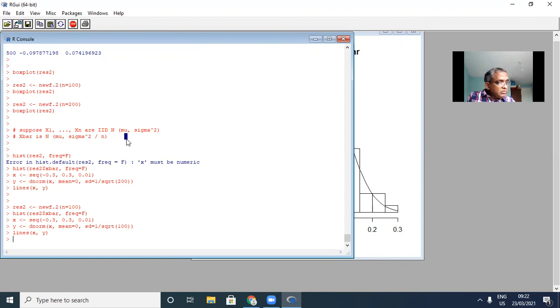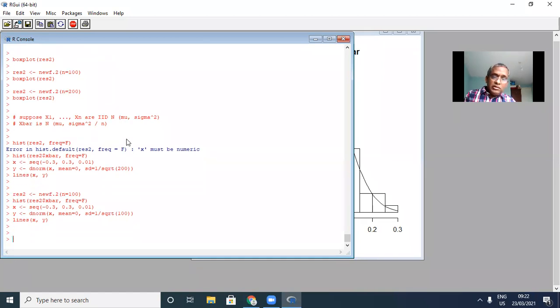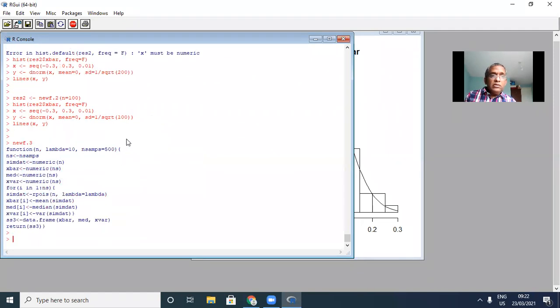Now the third part of the tutorial sheet is about simulating values of sample mean, sample median, and sample variance from a Poisson distribution. The function I'm going to use for the third part is this one. Let me explain what it does.